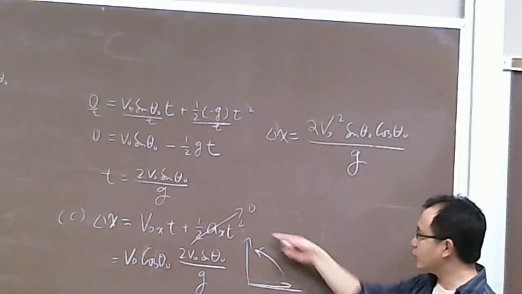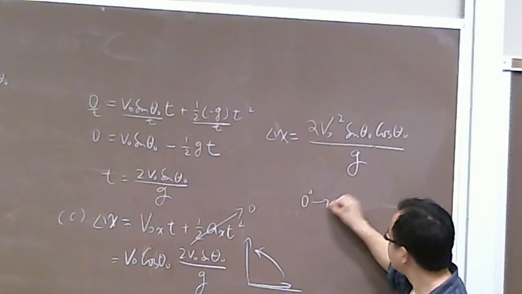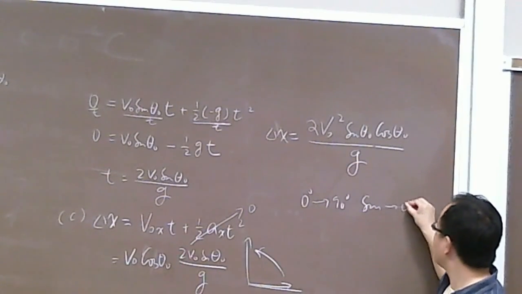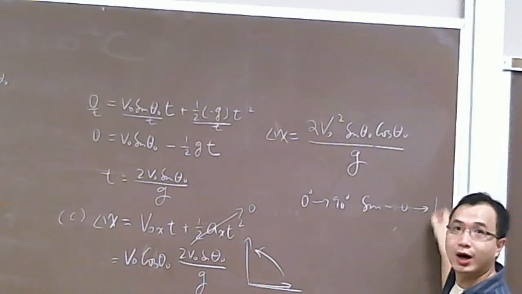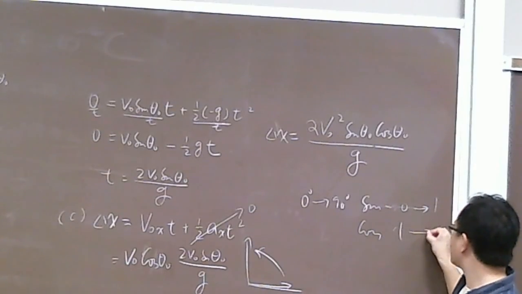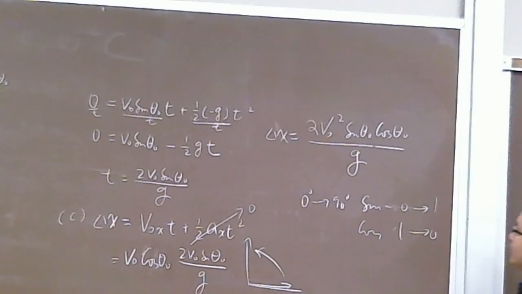From 0 degree to 90 degree, sine will go from 0 to 1, and cosine will go from 1 to 0. So you can see the balance of the two will give you the maximum.